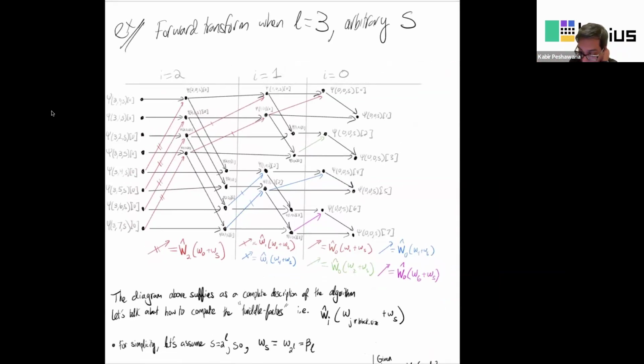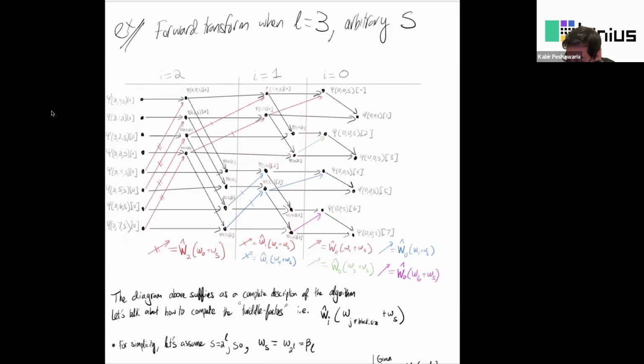Some more things. I talked about this. This is sometimes called the round or the stage of the butterfly. And then you can think about there being blocks. So in the L minus 1th stage, there's this block of size 2 to the L. In the next stage, there are 2 blocks of size 2 to the L minus 1, so you can think about this as having block index 0 and block index 1.